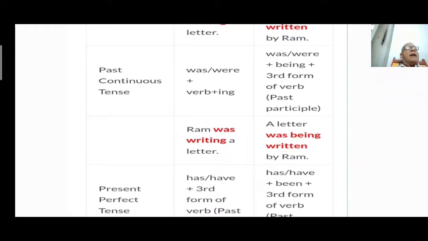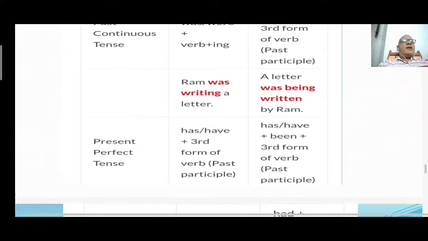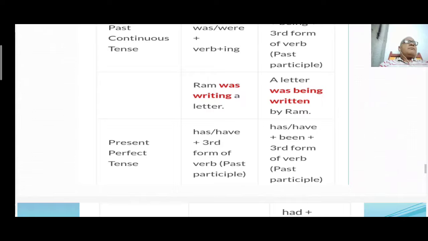In a similar way, how can we change present perfect tense into passive voice? The present perfect tense has the structure: subject plus have or has plus verb 3 plus object. So when we are writing it in passive form: object plus have or has plus been plus verb 3 plus preposition plus object.